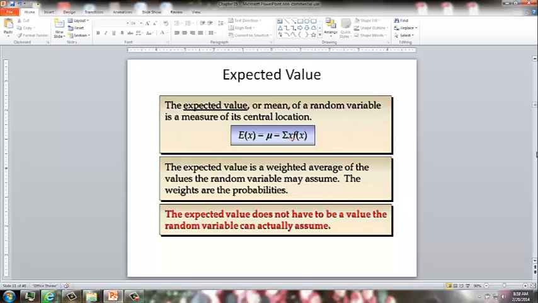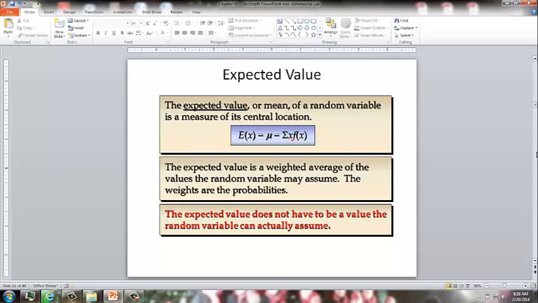Now recall the concept of expected value. In the case of a random variable, we can also calculate the expected value or mean of a random variable. The way to think of this is it's just a weighted average of the values the random variable may assume. Another way to think of this is toss a die for, I don't know, 5,000 times.